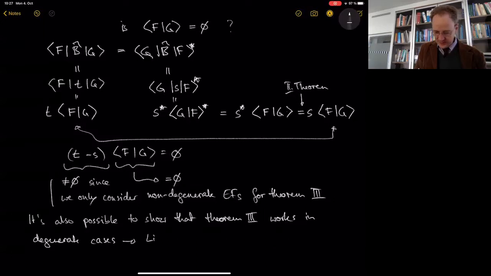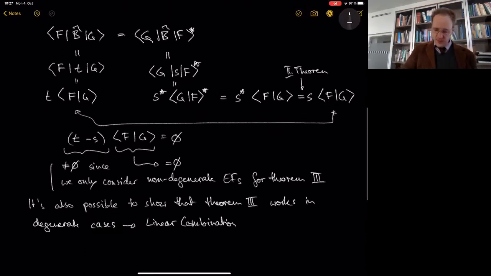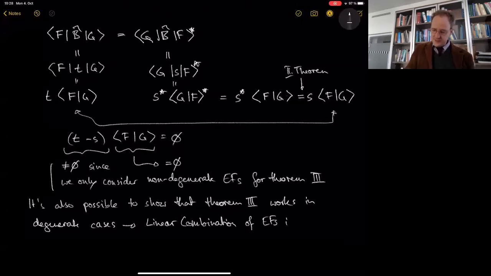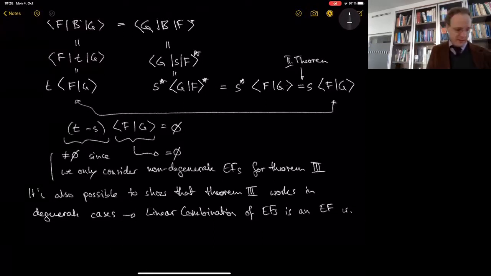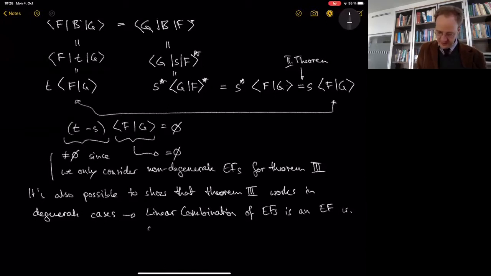So you need a linear combination of eigenfunctions. This is an eigenfunction with the same eigenvalue.